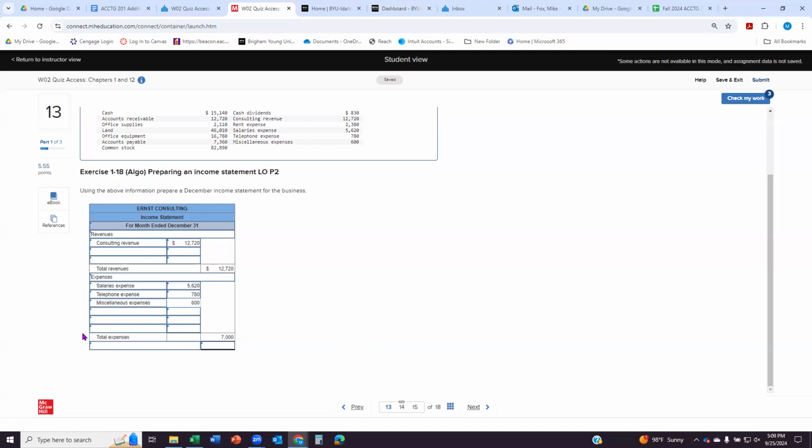And then at the bottom of an income statement, oh wait, was there another one that I missed? Oh, rent expense. I'm not sure if it's gonna care about the order they're in. We'll see, I guess. And rent expense was 2,380.